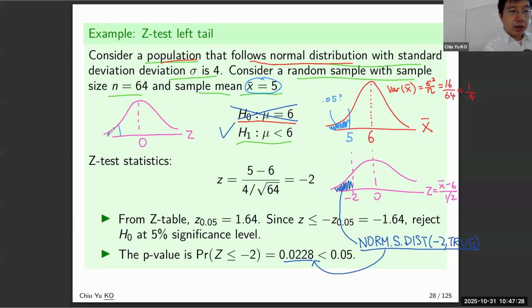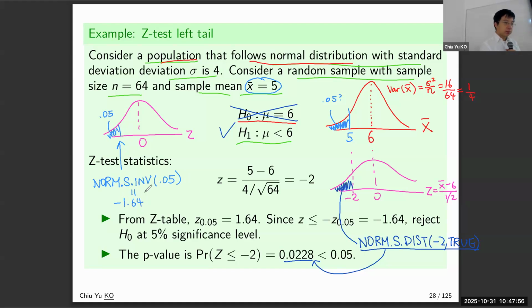I'm asking this area, which is 5%. Okay. And what's this number? This number will be just norm.s.inv and 0.05. Okay. This will give you negative 1.64.